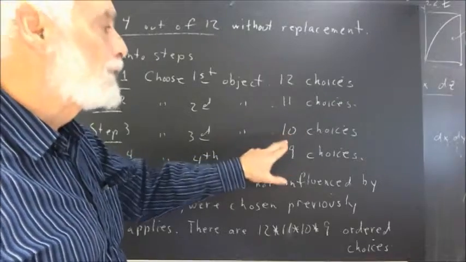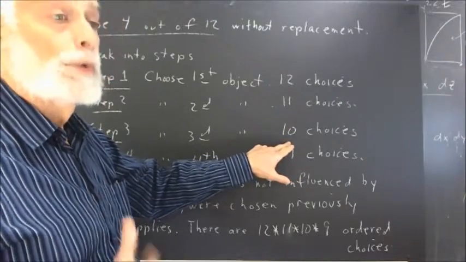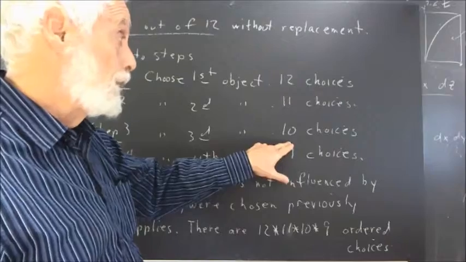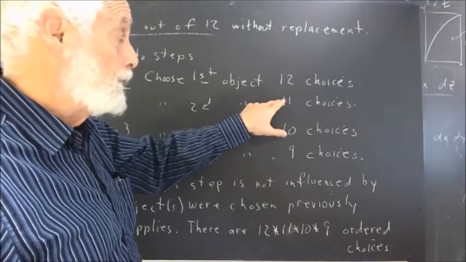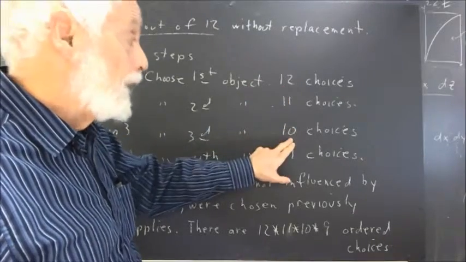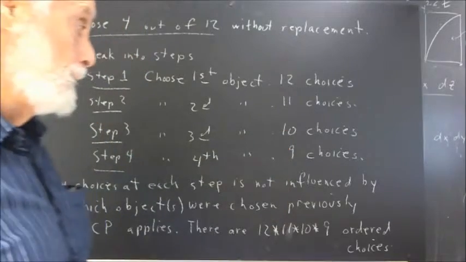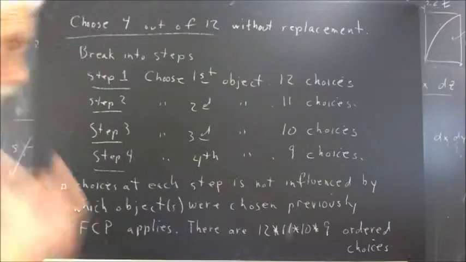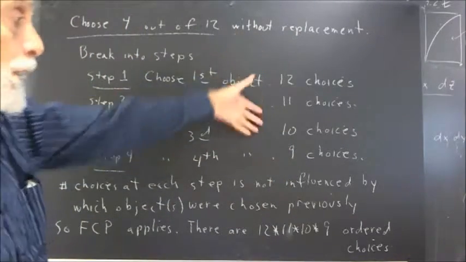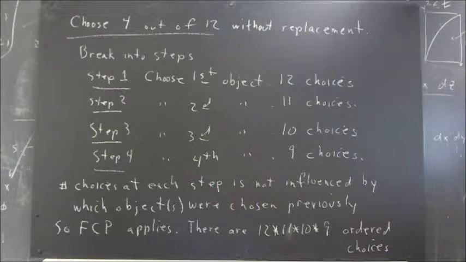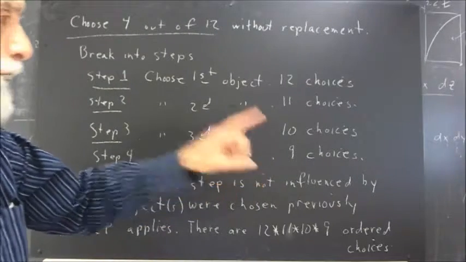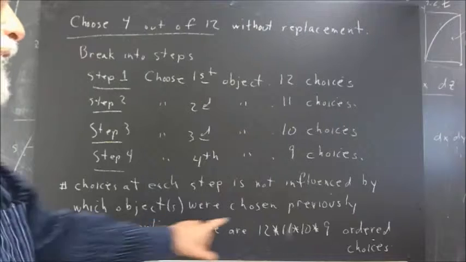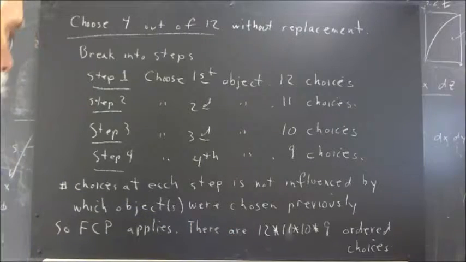Obviously, which objects you have to choose from for the third depends on which objects you chose for the first 2, but the number of choices doesn't depend. And the number of choices for the fourth object doesn't depend on which objects were chosen for the first 3. So the number of choices at each step is not influenced by which objects were chosen previously.